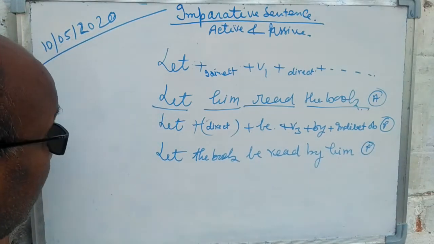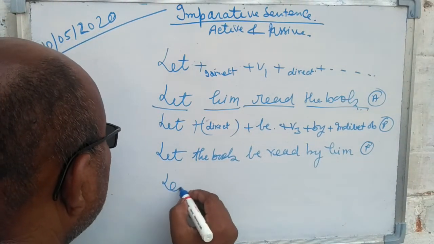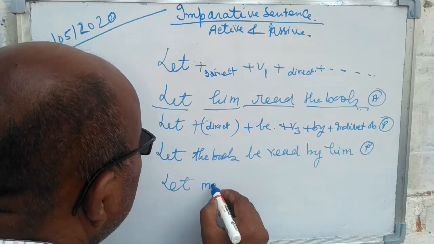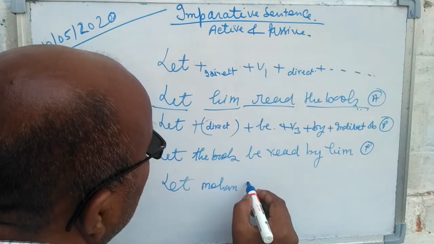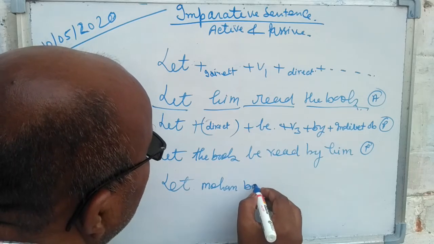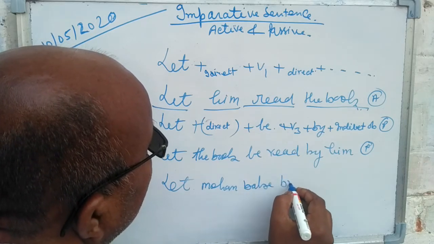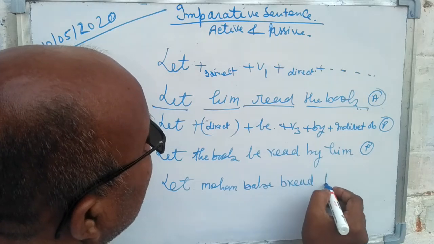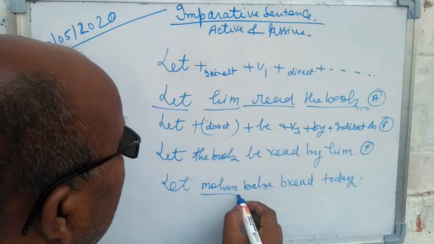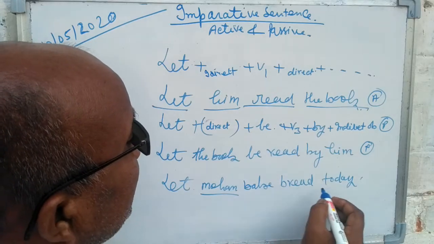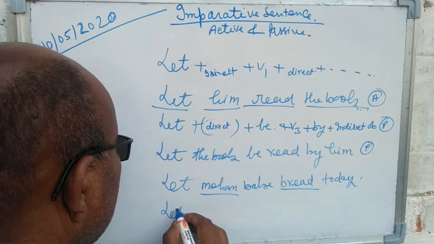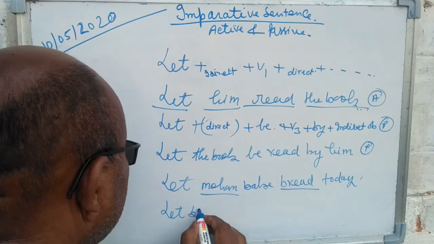One more example. Let Mohan bake bread today. Here, indirect object, direct object. The direct object is bread.